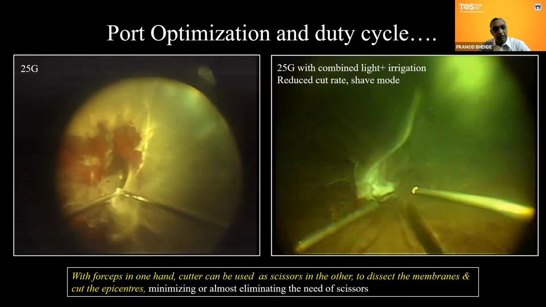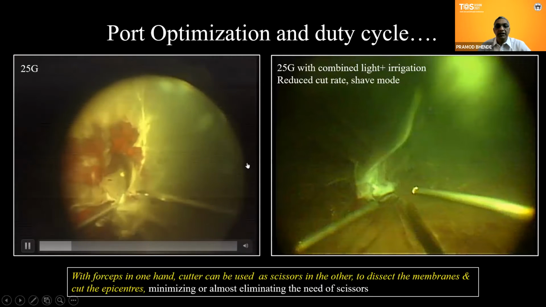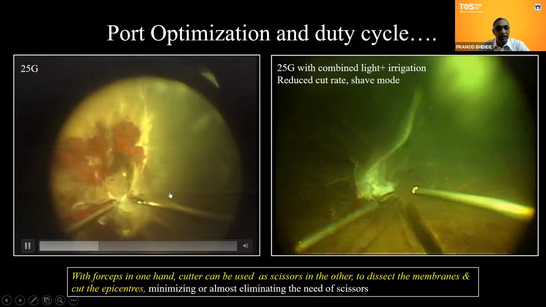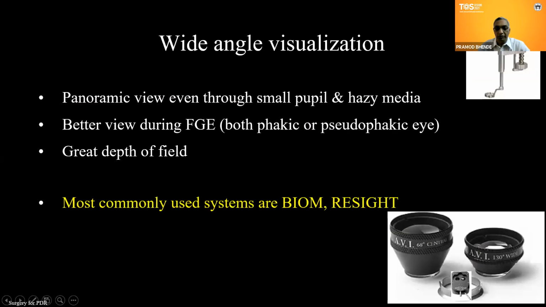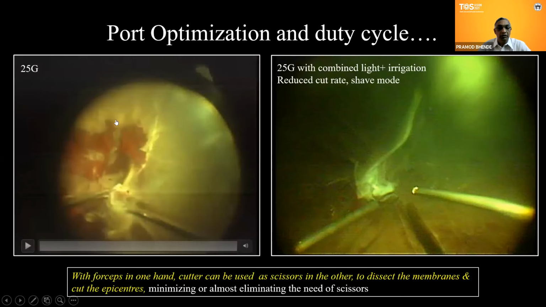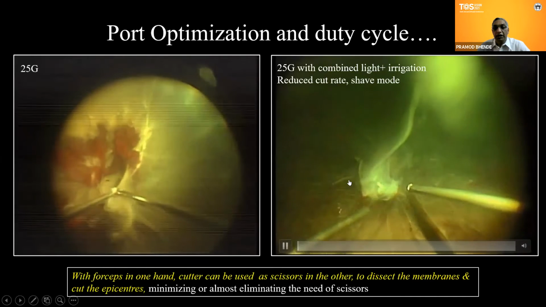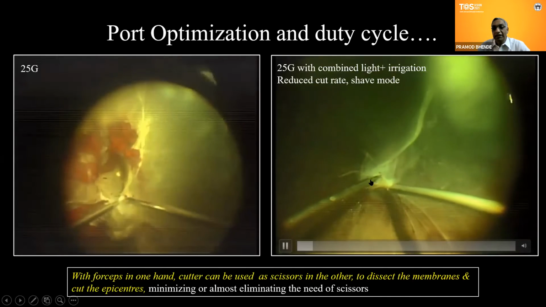This is another case showing port optimization again. Just to compare in this video, both are actually 25 gauge. What you are seeing here is a scissor being used, and parallelly a cutter is being used in exactly the same way.